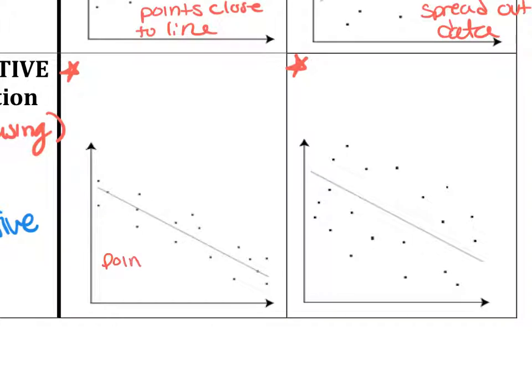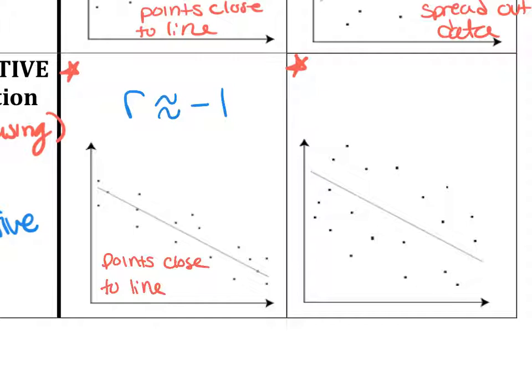So points are close to the line, but it's decreasing. So when we have a strong negative relation, that means our R value is approximately equal to -1. So 1 is still representing the strong correlation, whether it be positive or negative. The sign just tells you if it's increasing or decreasing.